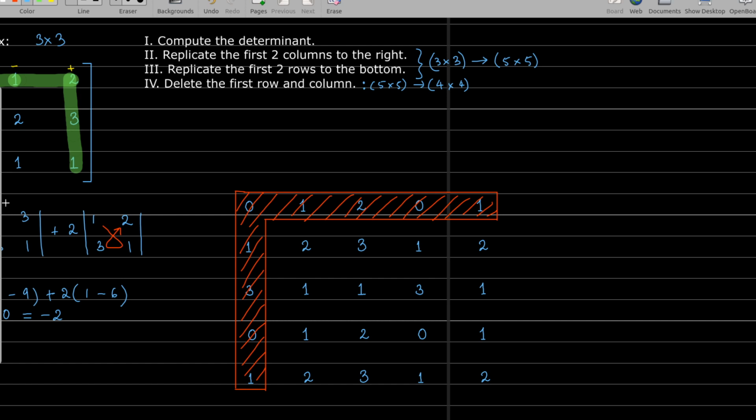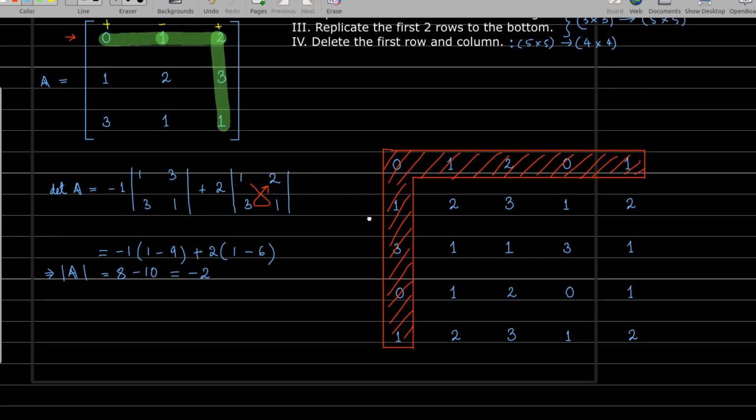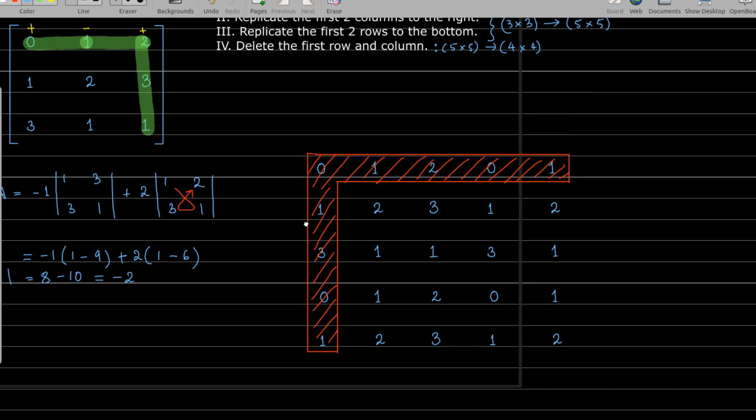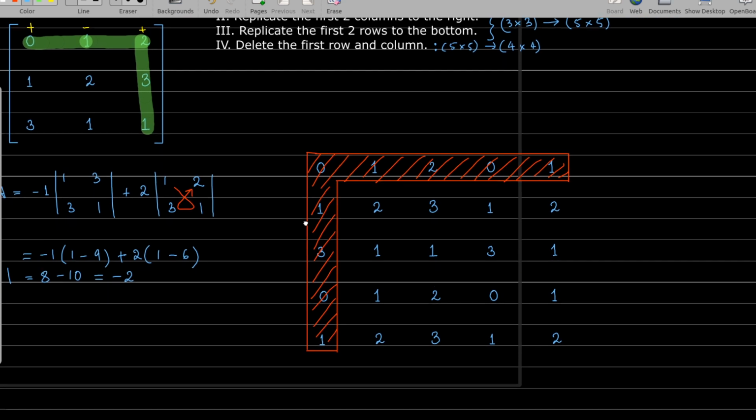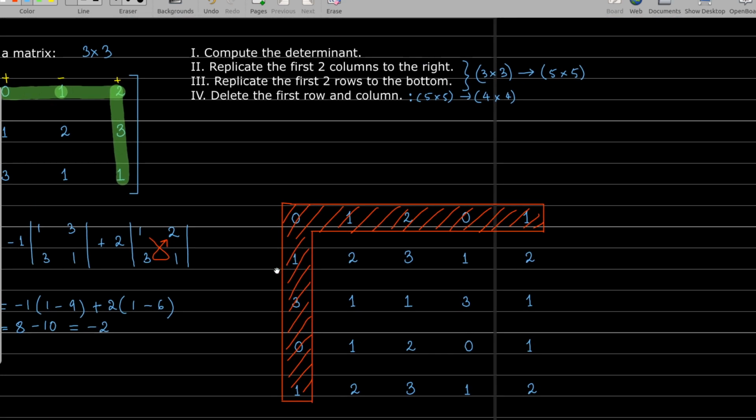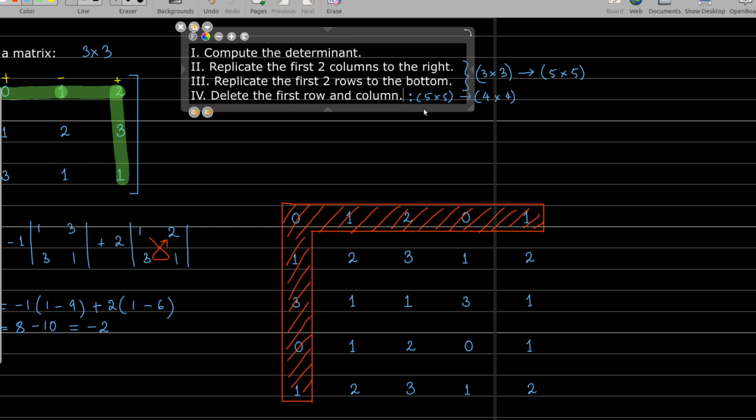Now once we have got this 4 cross 4 matrix, we construct a matrix from the determinant of every 2 cross 2 submatrix. So let me just note it down. That will be step number 5.